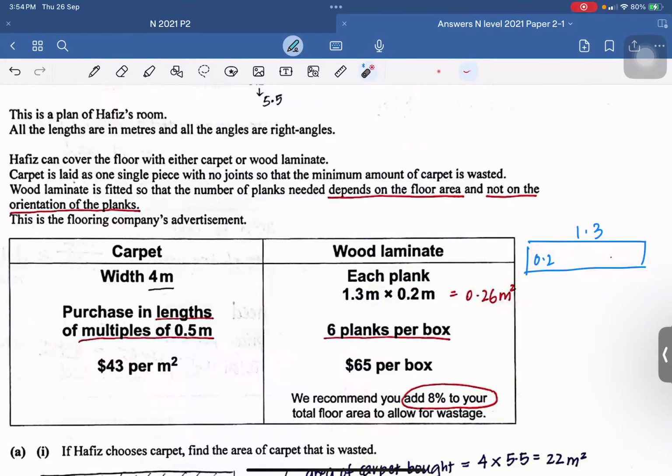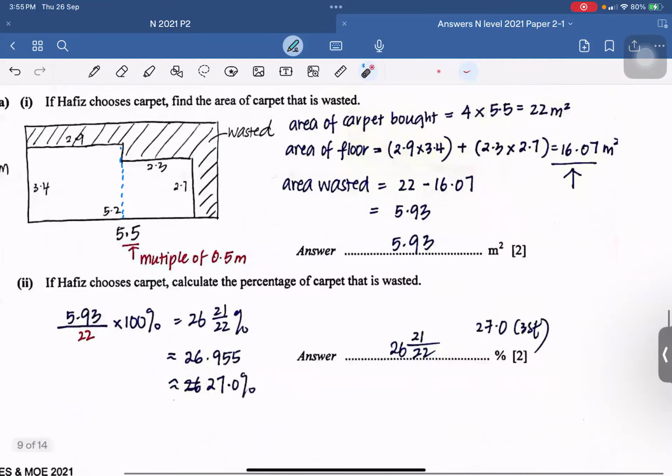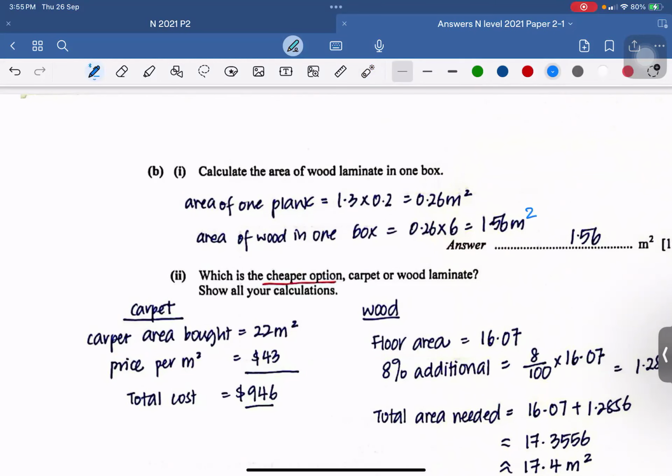I take 1.3 times 0.2, which is 0.26 meters square. But in one box, there are 6 of them, so I take 0.26 times 6 wooden planks. That covers an area of 1.56 meters square.